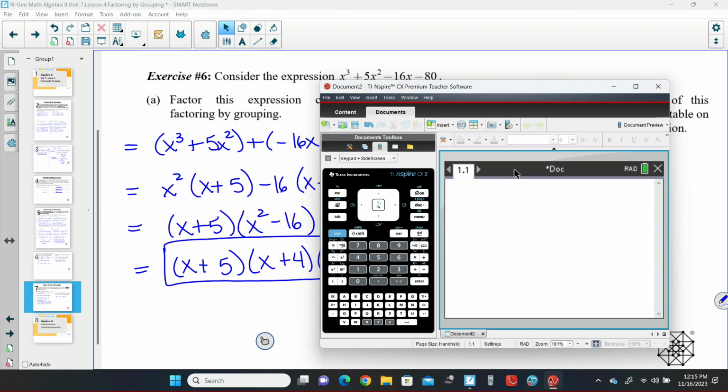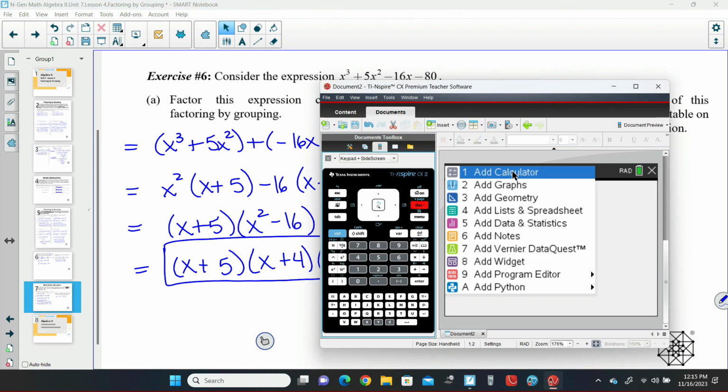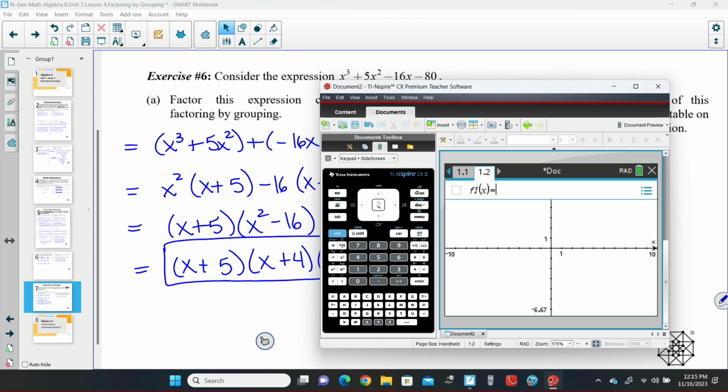Let's take a look. I guess I have to go into a graph. Let's add the graph. We're going to have x to the third plus 5x squared minus 16x minus 80. Remember, we're just trying to verify these are zeros. Whoops. I definitely don't want that. I just want to hit enter.